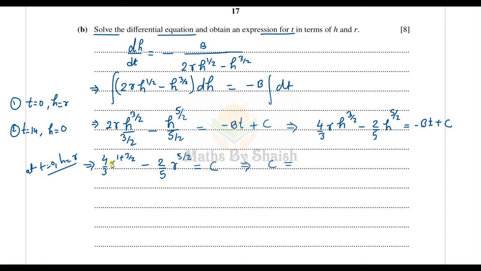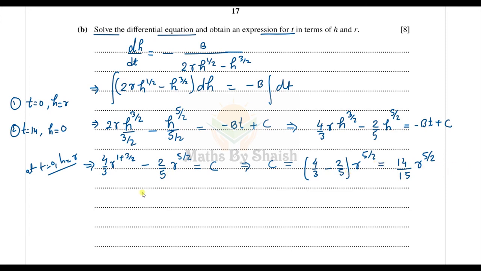It is 4 by 3 r to the power 5 by 2 minus 2 by 5 r to the power 5 by 2. It would be simply 4 over 3 minus 2 over 5 times r to the power 5 by 2, which can be simplified: 20 minus 6 is 14 over 15 r raised to the power 5 over 2, and that is the first equation.